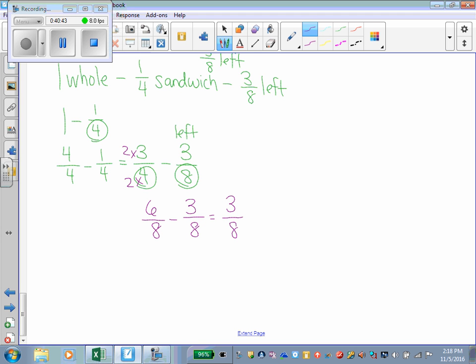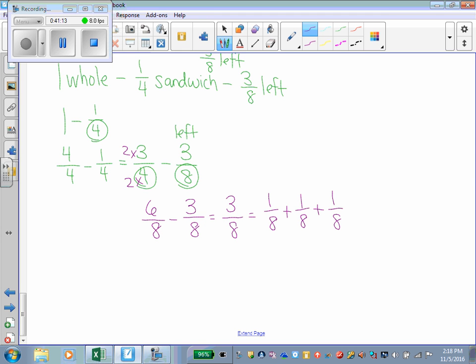Now the problem says that he spent 2 times as much on a gift for his brother as on some comic books. So if you have 3/8, what you really have is 1/8 plus 1/8 plus 1/8. If he spent 2 times as much on a gift, that's telling you he spent 2 times the amount of the comic book.